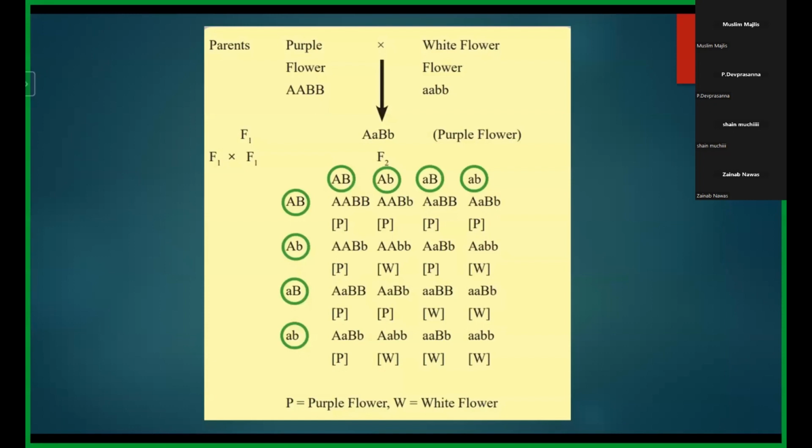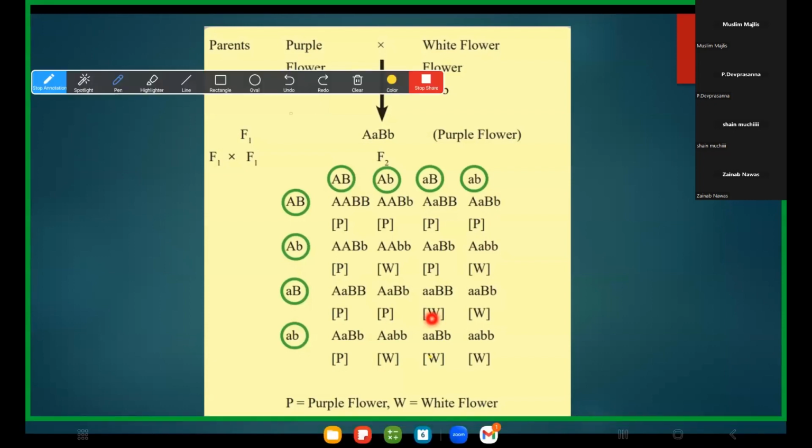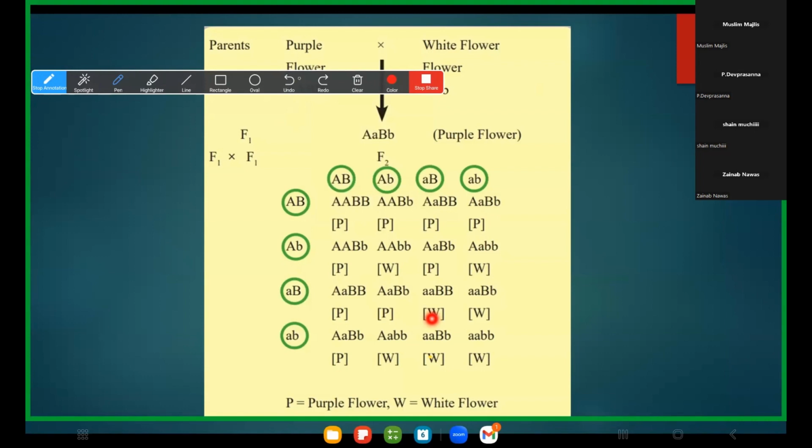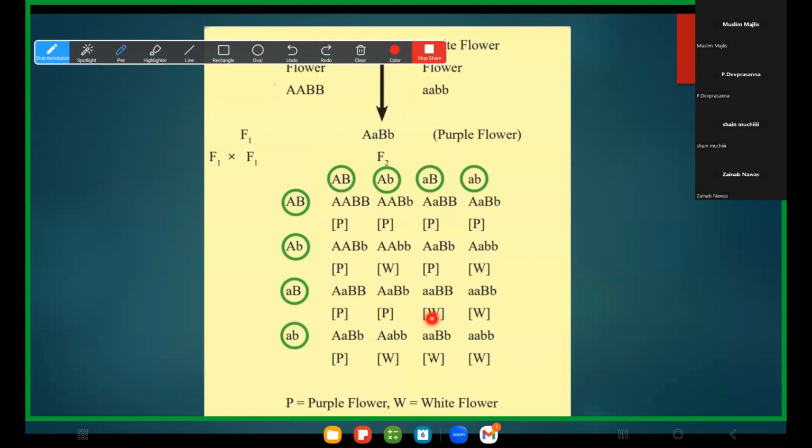The parental generation has purple flower color that is expressed by capital A, capital A, capital B, capital B, and the recessive phenotype is expressed by simple a, simple b.